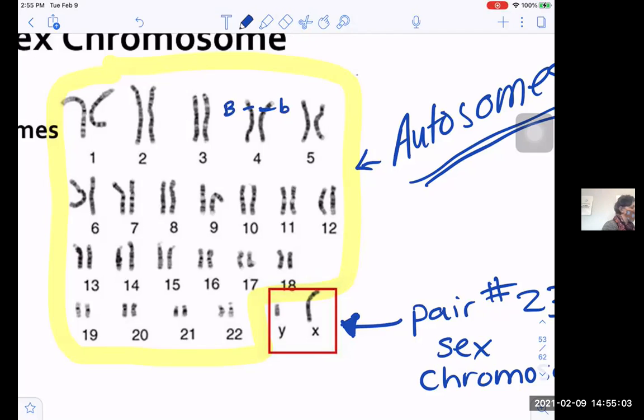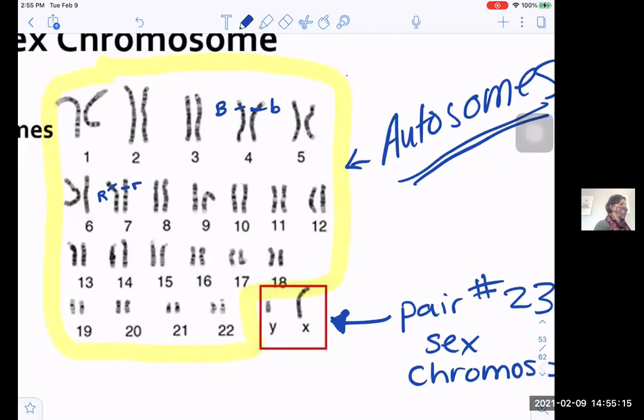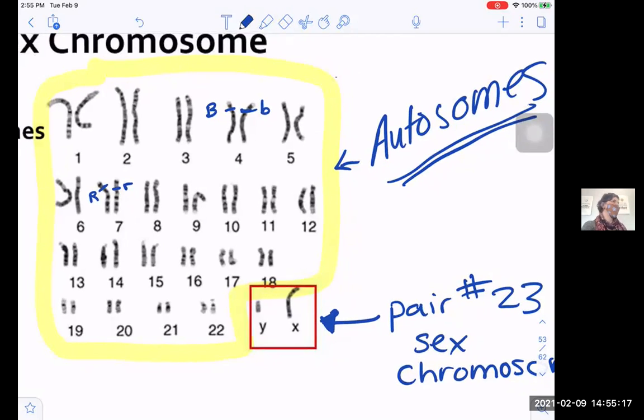Maybe chromosome number 7 is where we can either roll our tongue or not. So we would find our alleles for tongue rolling on chromosome number 7. So all autosome means is that the trait is on one of those 22 pairs of chromosomes.